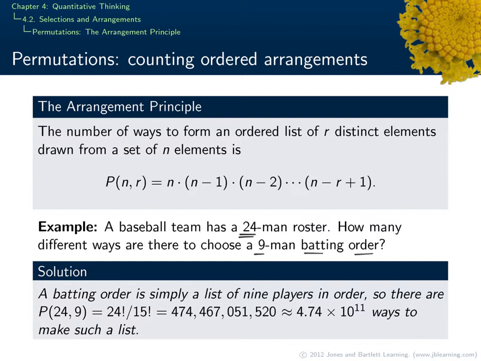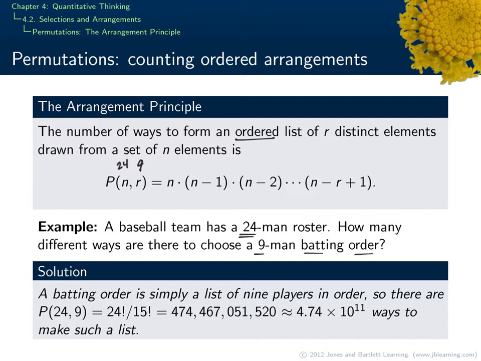So in this case, our n is 24, and we're selecting an ordered list of 9 distinct elements drawn from this 24. It's ordered because we're looking for a batting order. We're not merely selecting players. We are choosing an arrangement, that is an order.